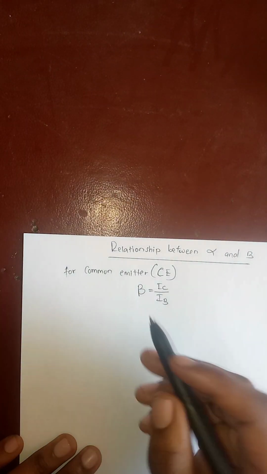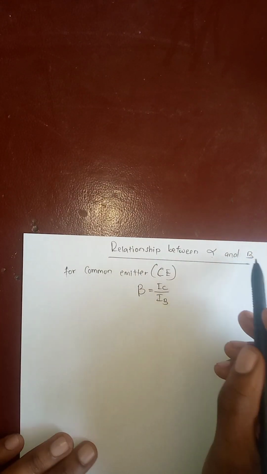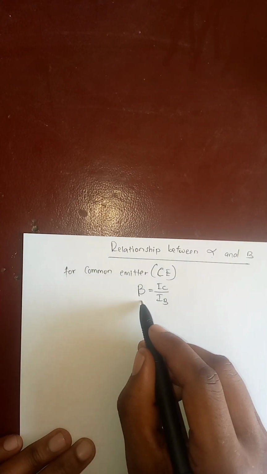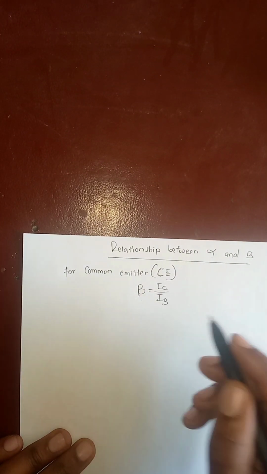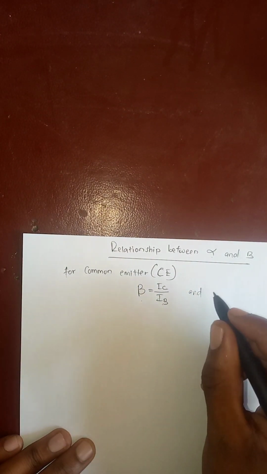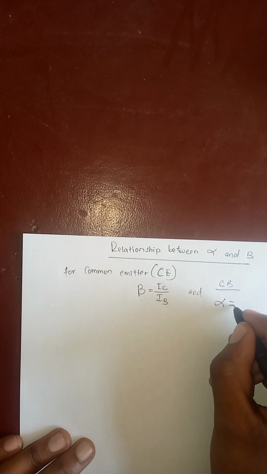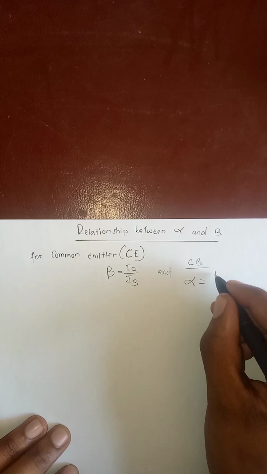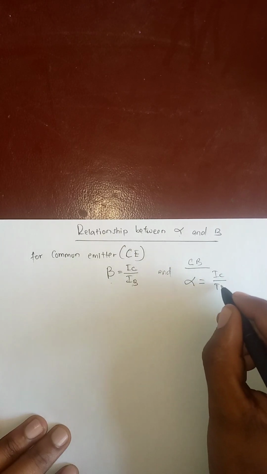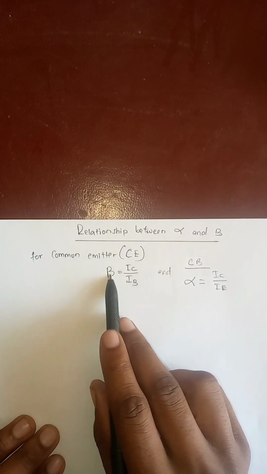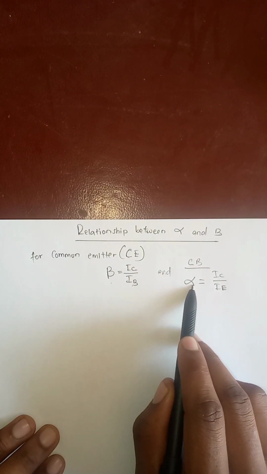Now let's check the relationship between alpha and beta. These are current gains. For example, for a common emitter, beta is equal to IC over I base, and for a common base, we know current gain is equal to IC over IE. Now we can show the relationship between this one and this one.